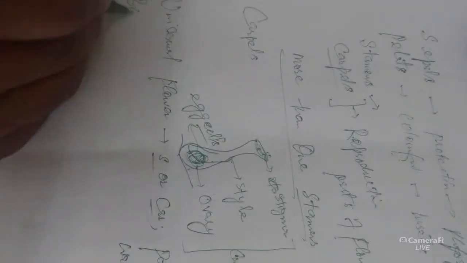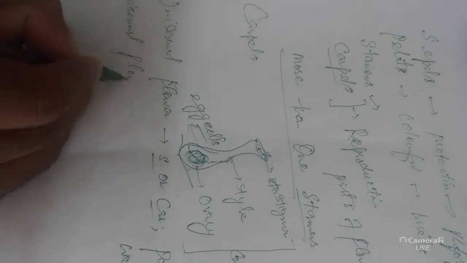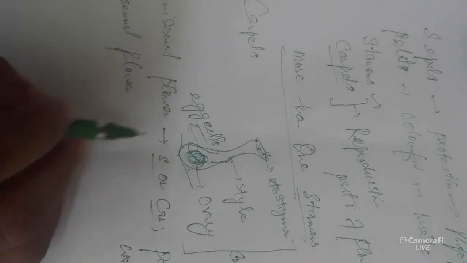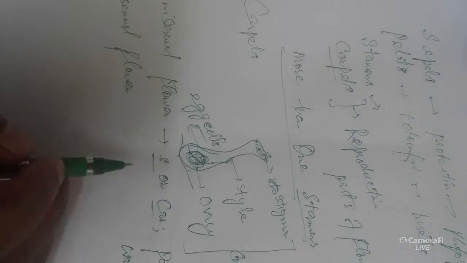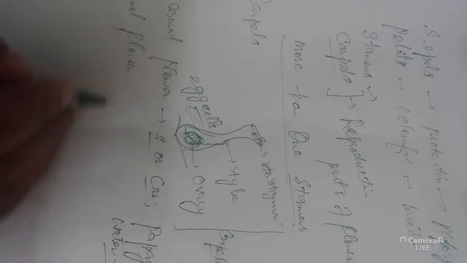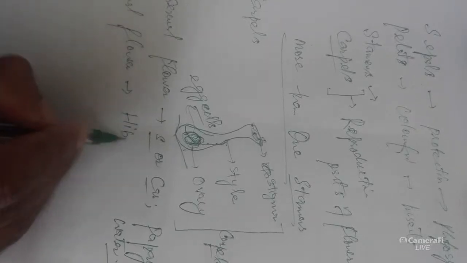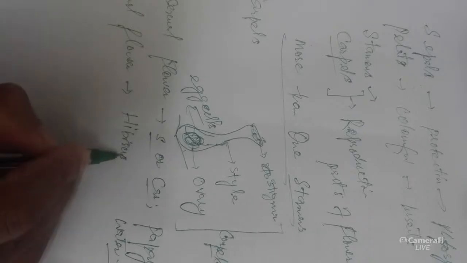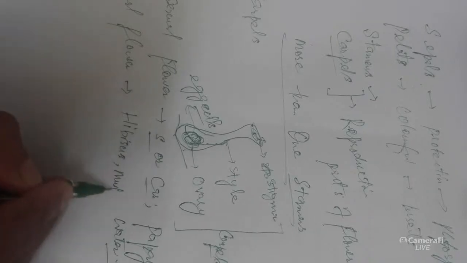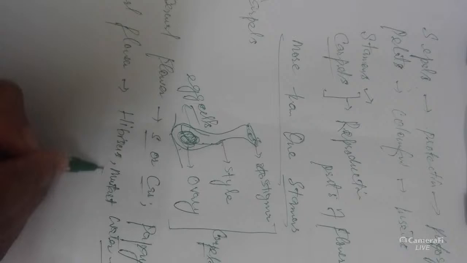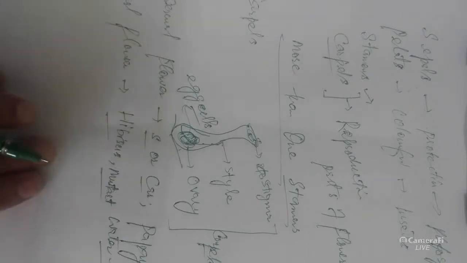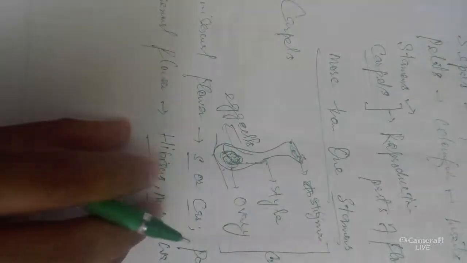What is a bisexual flower? Bisexual flowers are the flowers which contain both stamen and carpel. For example, we have hibiscus and mustard.